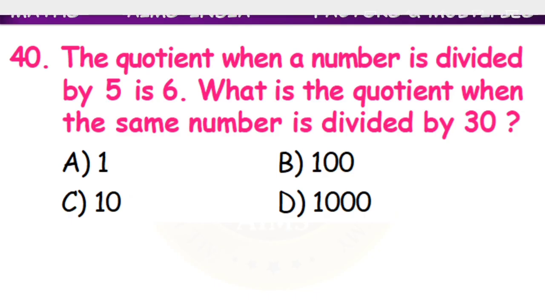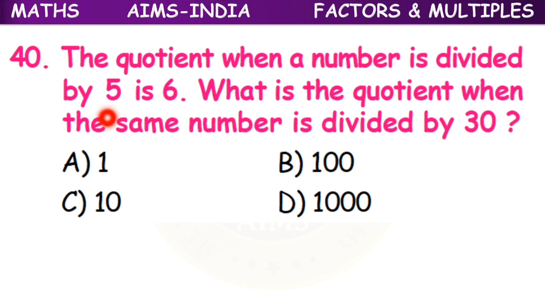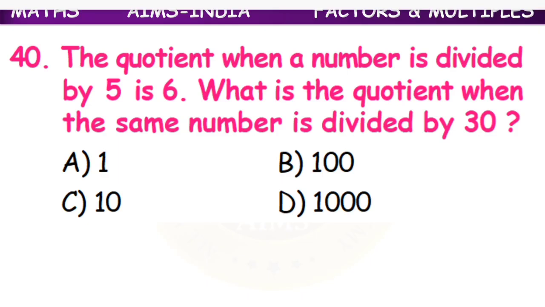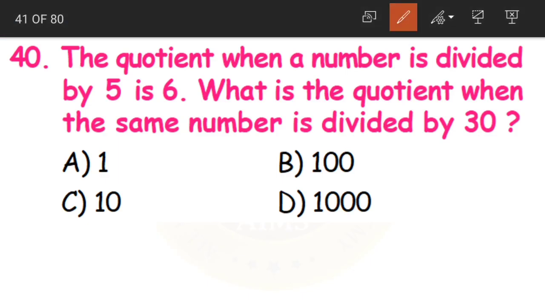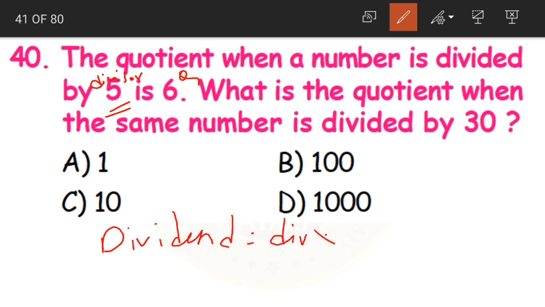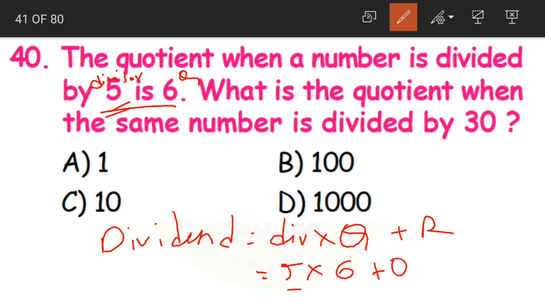Next, the quotient when a number is divided by 5 is 6. What is the quotient when the same number is divided by 30? Now the quotient is given and the divisor is given, 5. Then what is the value of the dividend? Dividend is equal to divisor into quotient, yes or no? Plus remainder. Okay. Now divisor is 5, quotient is 6. The remainder is not given, so we'll assume that it is 0.